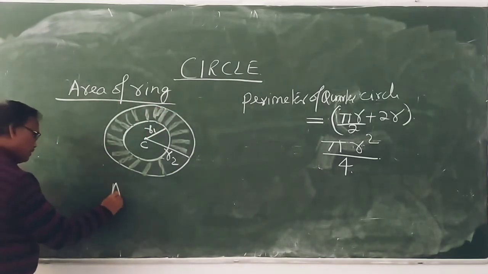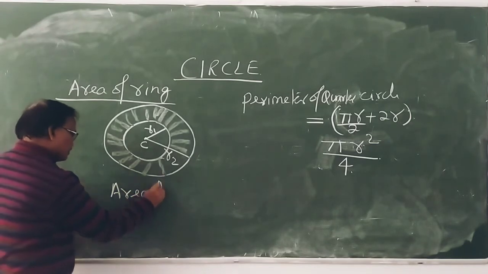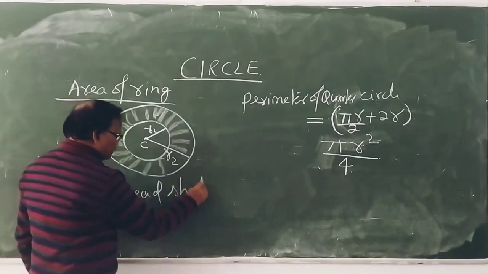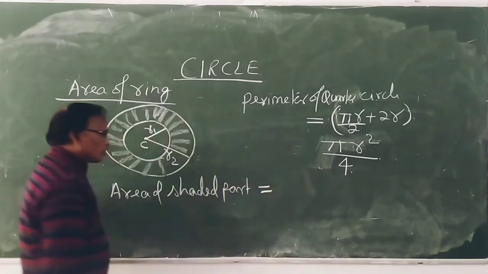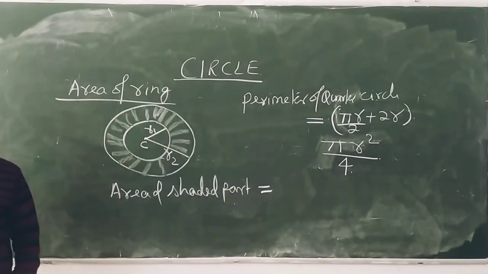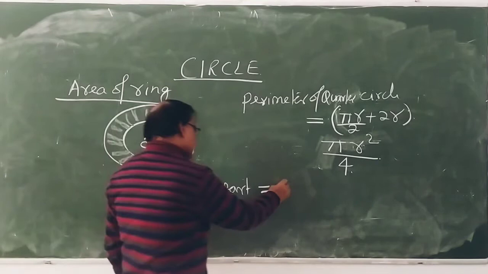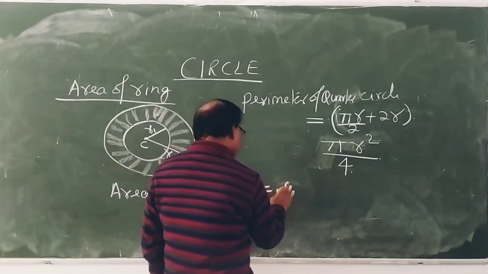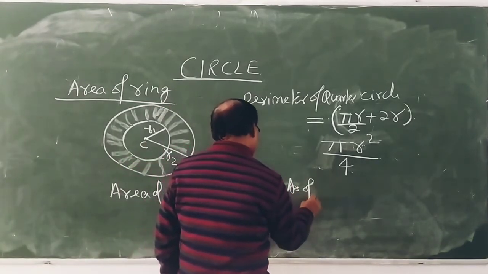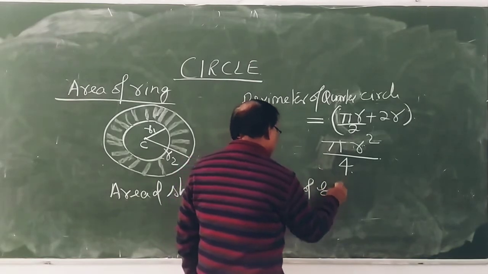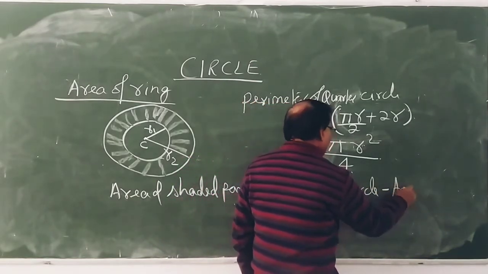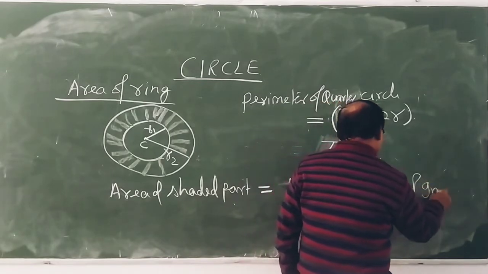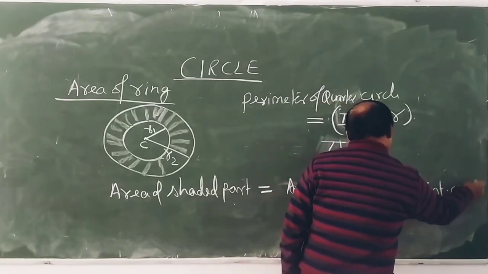The area of the shaded part is also called the area of the ring. In this case, it is the area of the external circle minus the area of the internal circle.